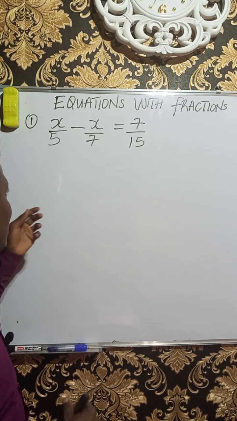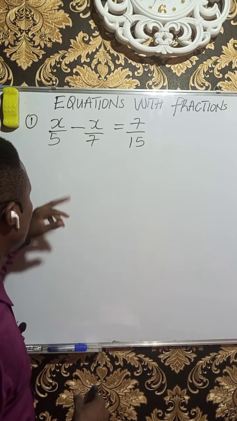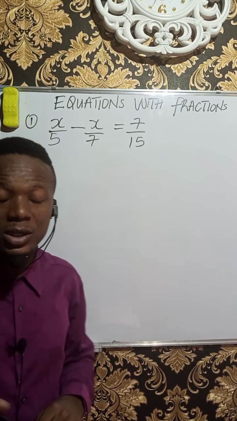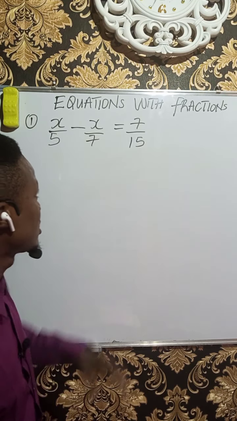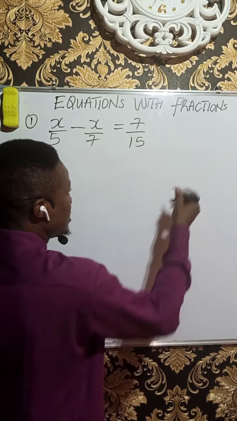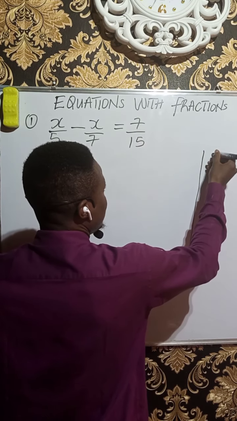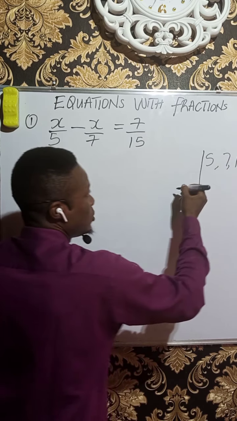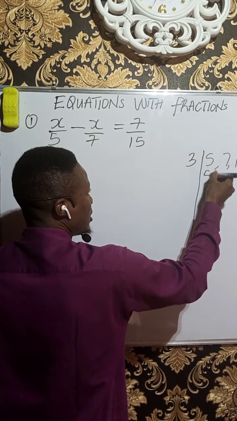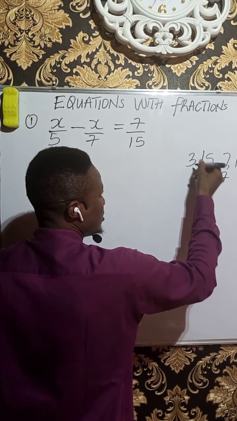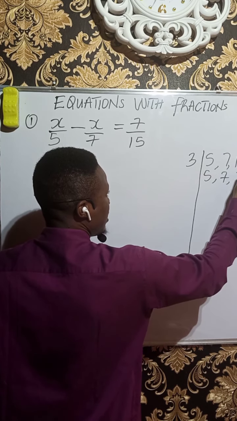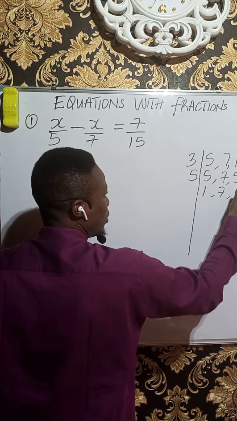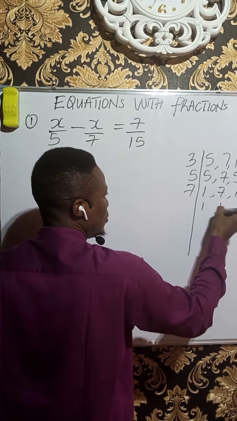The denominators I'm having here are just 5, 7, and 15. So it is wise to get the LCM of these three numbers. If you try to get the LCM of 5, 7, and 15, let us see what you have. 3 can go, you bring down 5, you bring down 7. 3 divided into 15 is 5. 5 can go, you have 1, 7 and 1. 7 can go, you have 1, 1 and 1.